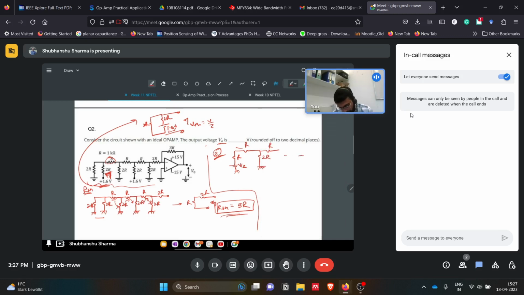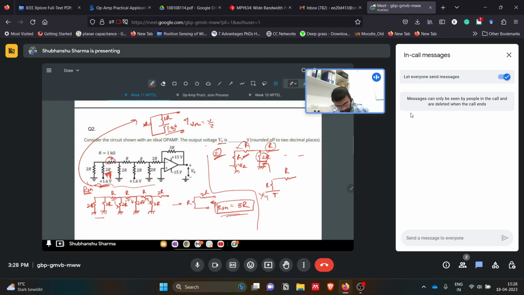Then we'll have to use the Thevenin here. The resistance will be R, because this 2R is in parallel with this 2R, so it will be R. We have this resistance here, R, and the voltage will be half of this, V by 4, because it will be the drop from this to this.